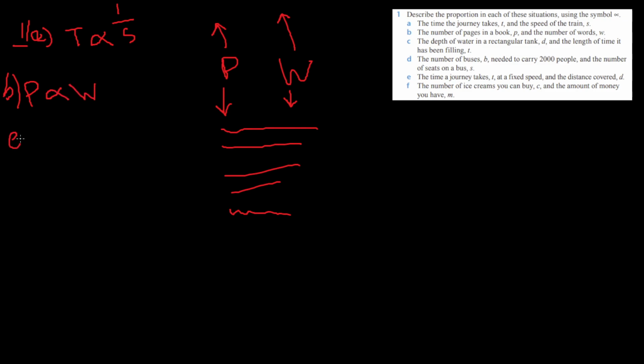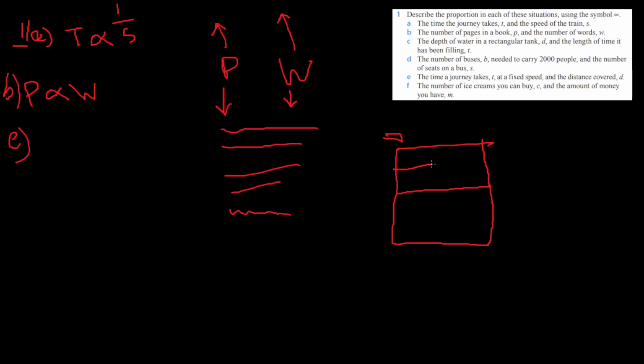And number C. This is the depth of a water tank and the length of time it has been filling. So let's say we have a water tank, and if we were to fill it up, we'd take a certain amount of time. If we increase the water tank, the time to fill it will increase as well.